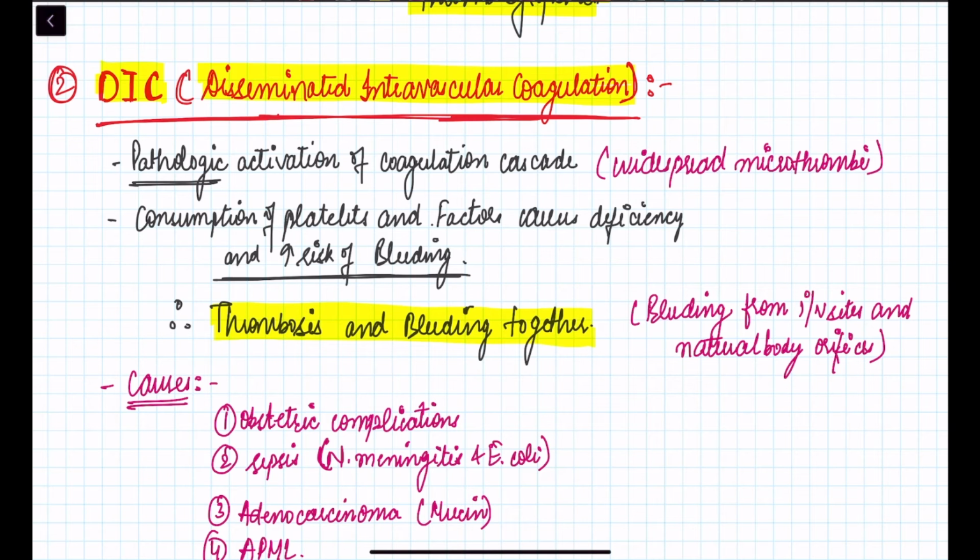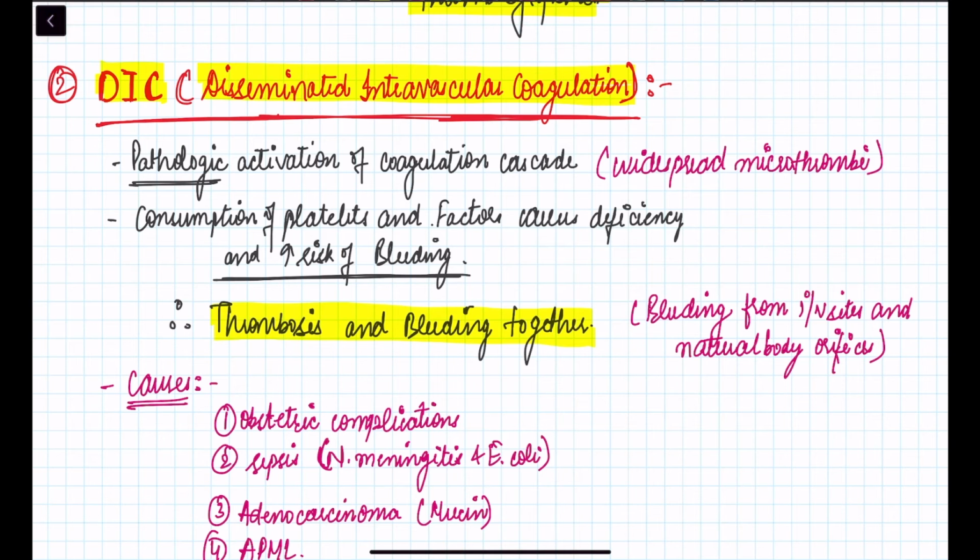So this is a sort of contradictory situation where there is increased thrombus formation, there are widespread thrombi throughout the circulation, and still we have bleeding tendencies, a high risk of bleeding. And as a symptom, you can see in clinics generally we have IVs installed in a patient.